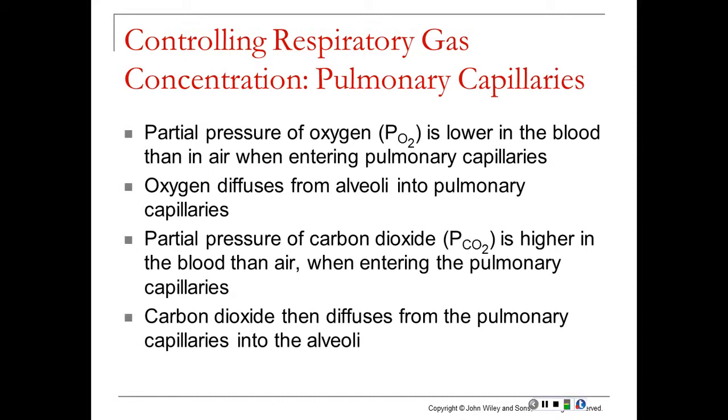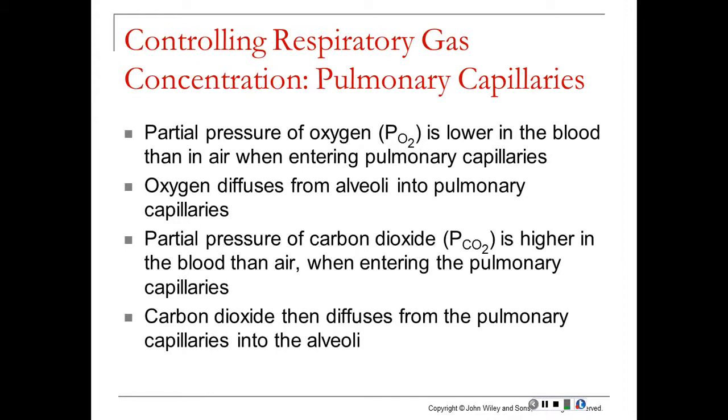So let's talk about what goes on in the pulmonary capillaries. This is where it gets a little bit complicated. Again, we're just trying to focus on the big picture here. Partial pressure of oxygen is actually lower in the blood than in the air when it's entering the pulmonary capillaries.